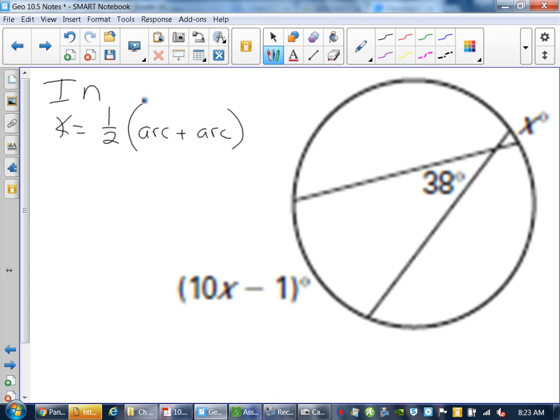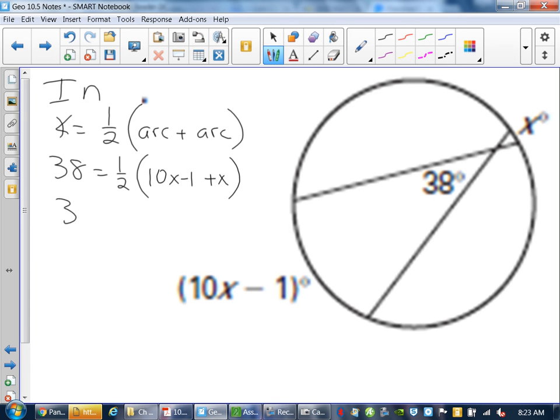You know the angle is 38. The 2 different arcs are 10x minus 1, and the other one is x. So far, so good? Now, what's 10x minus 1 plus x? Very good. It's 11x minus 1. Everybody okay with that? Just combine the like terms on the inside here.